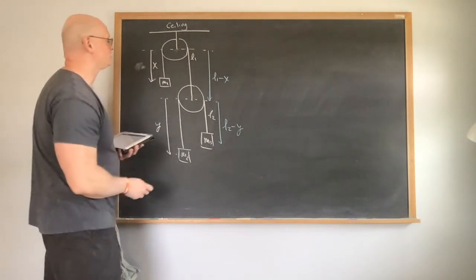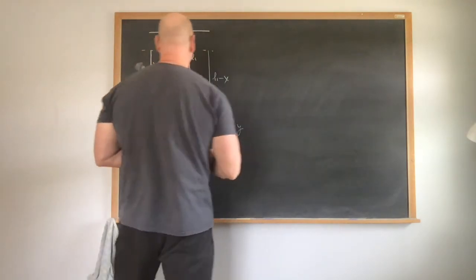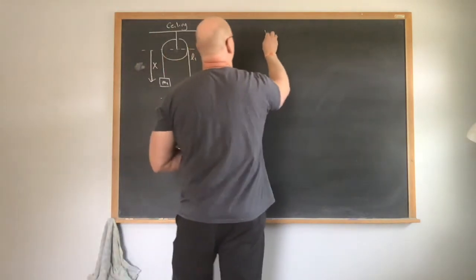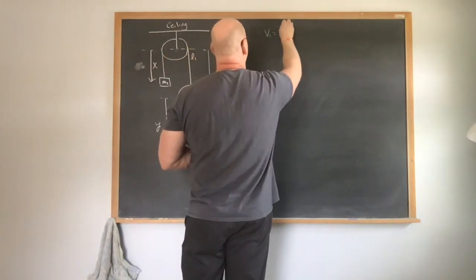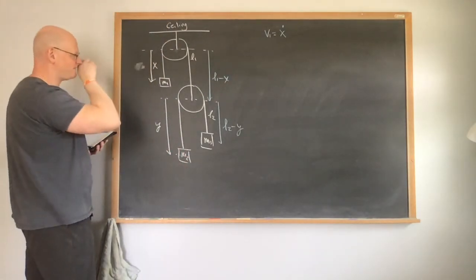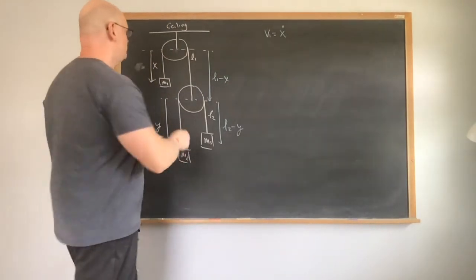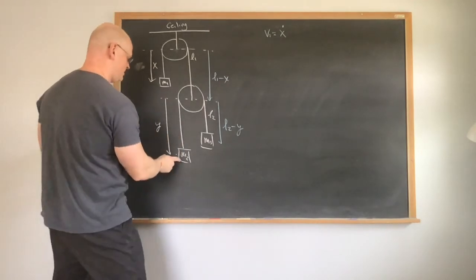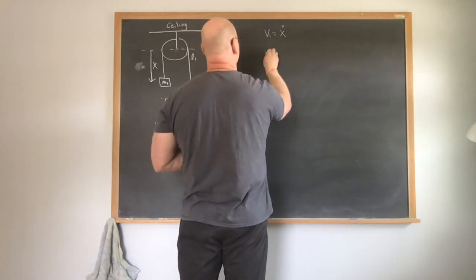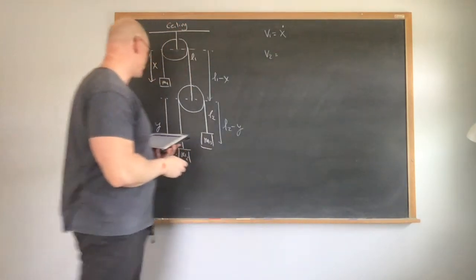So from these, we can now determine the velocities, right? So basically, the velocity of the first object, so V1, is simply going to be x dot, right? This thing is moving down in this direction with a velocity of x dot. For V2, well, this is then going to be what?